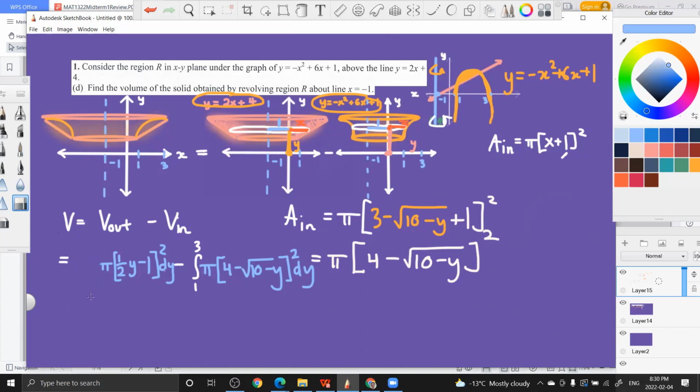Now, since we are integrating with respect to y, we are integrating from here to here, right? We're not integrating from here to here.